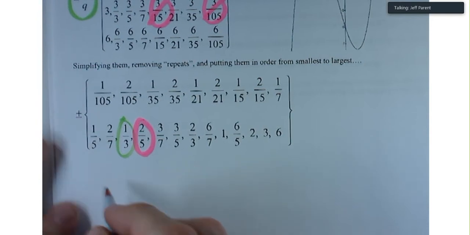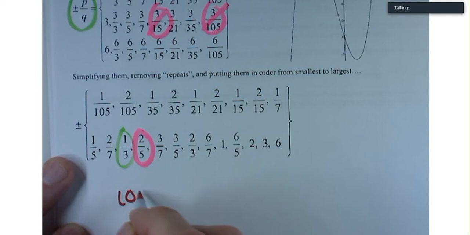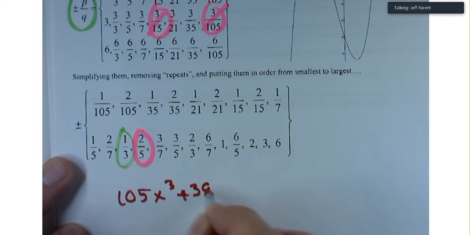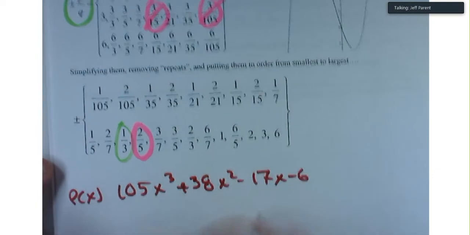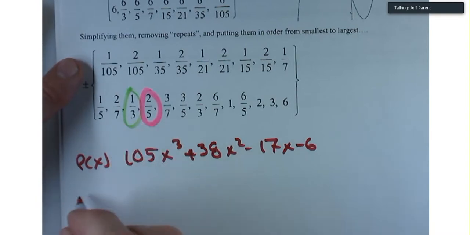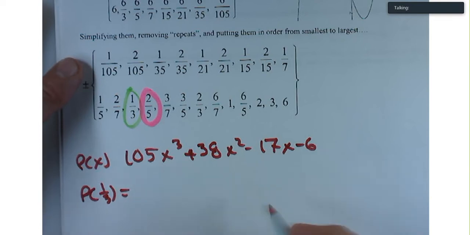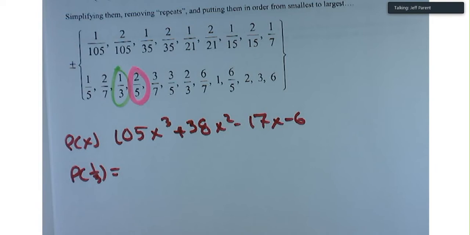But let's take our original polynomial, which was 105x cubed plus 38x squared minus 17x minus 6. If that's our p of x, then I know, for instance, p of 1/3 should be 0. So how do we do p of 1/3? Well, I just showed you how to use synthetic division in the last section to evaluate these things.